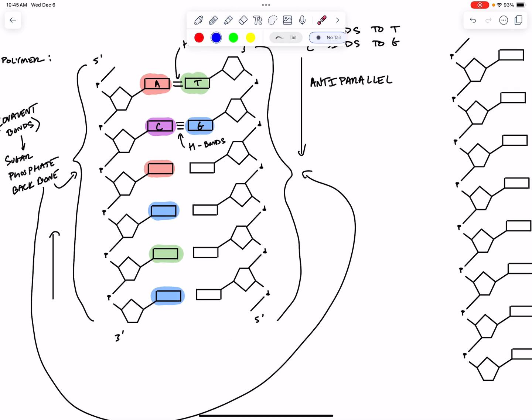I know the sequence of this side is A, C, A, G, T, G. Then this side must be T, G, and then T again, and then C again, and then A, and then C.